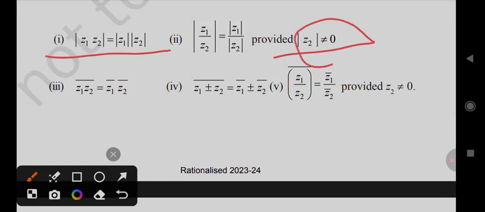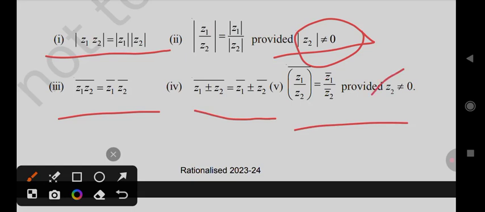Also, the conjugate of z1 z2 is z1 bar z2 bar, the conjugate of z1 plus or minus z2 is z1 bar plus or minus z2 bar, and the conjugate of z1 by z2 is z1 bar by z2 bar, provided z2 is not equal to 0.